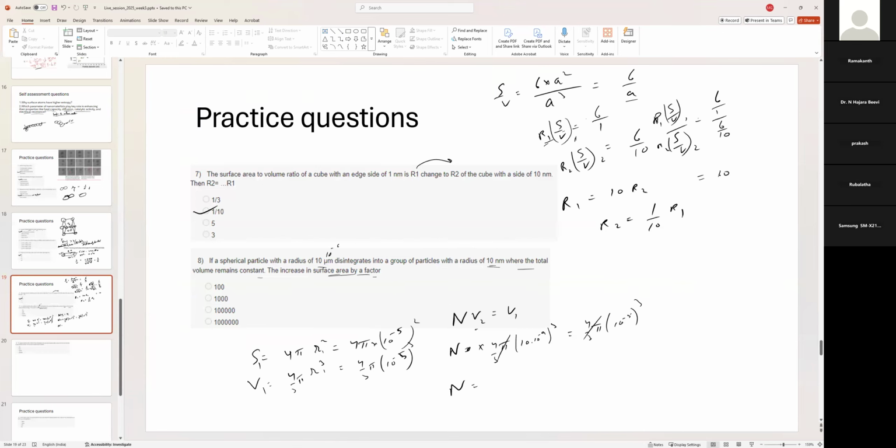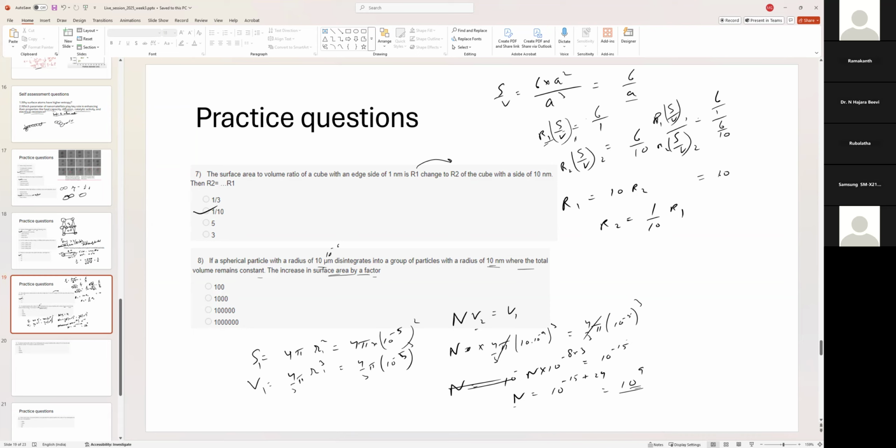N times 10 to the power minus 24 is equal to 10 to the power minus 15. So n is equal to 10 to the power 9, which means 10 to the power 9 smaller particles.